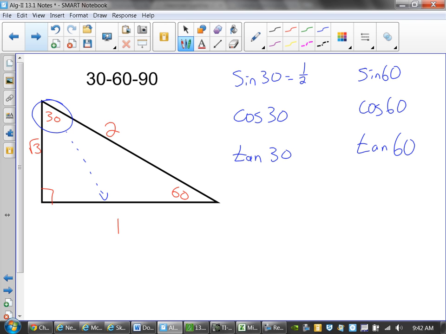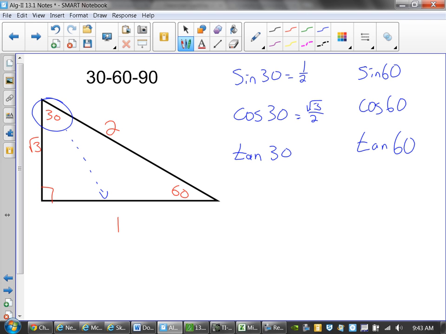Root 3. So my cosine would be root 3 over 2. Good. And then lastly, the tangent. Tangent is what over what? Opposite over adjacent. So in this case, it would be 1 over root 3, which is? Very good.